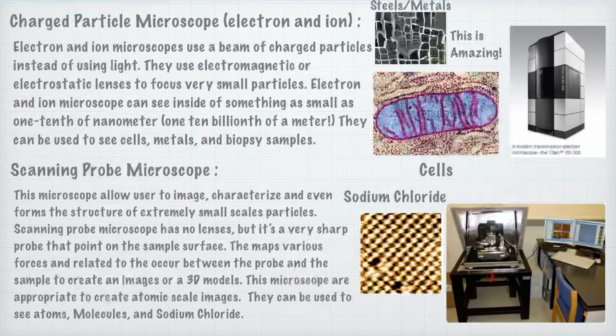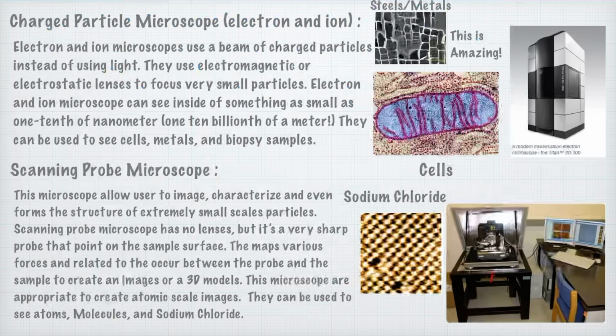Scanning probe microscope. This microscope allows users to image, characterize, and even form the structure of extremely small scale particles. A scanning probe microscope has no lens, but a very sharp probe that points at the sample surface.